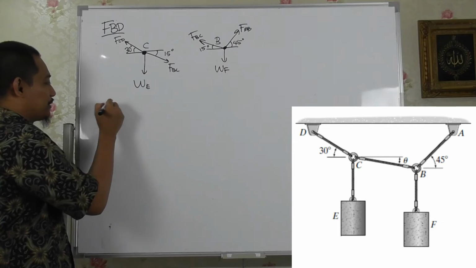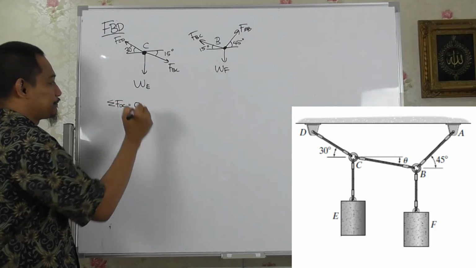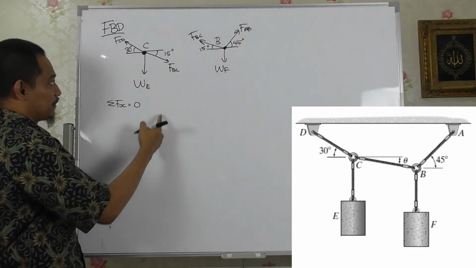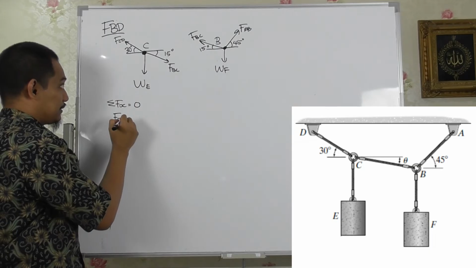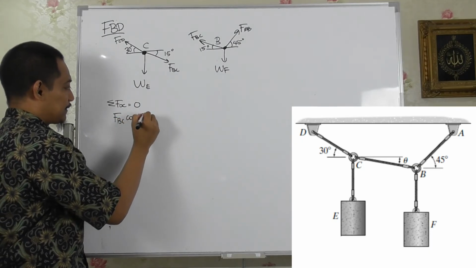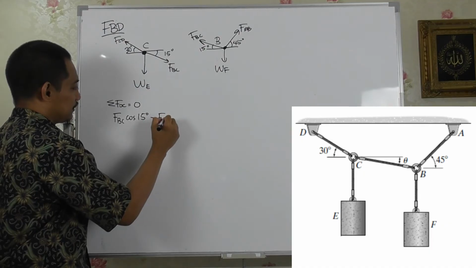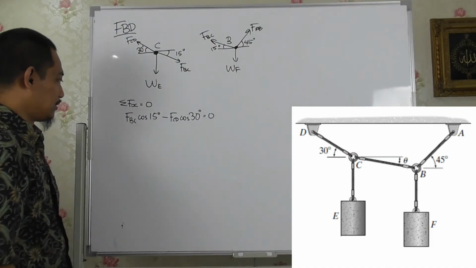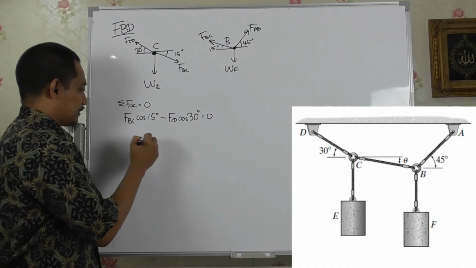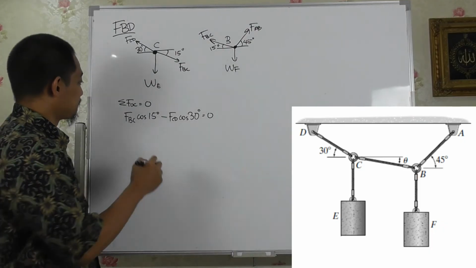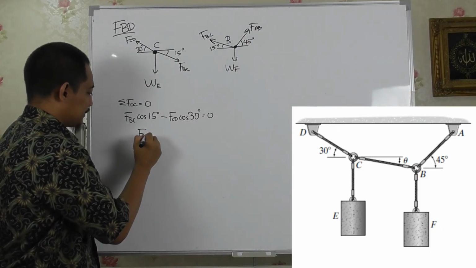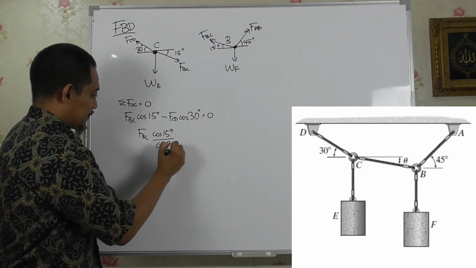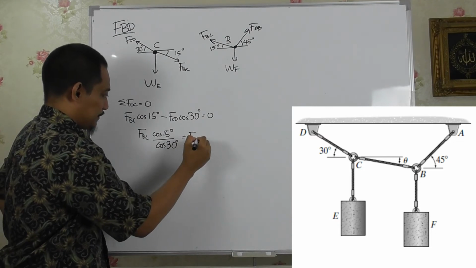So here, if we do summation of Fx equal to 0, relating these two, first expressing the equation of equilibrium, we have FBC cos 15 degrees minus FCD cos 30 degrees equal to 0. If we rearrange this, FBC cos 15 degrees divided by cos 30 degrees equals FCD, right?